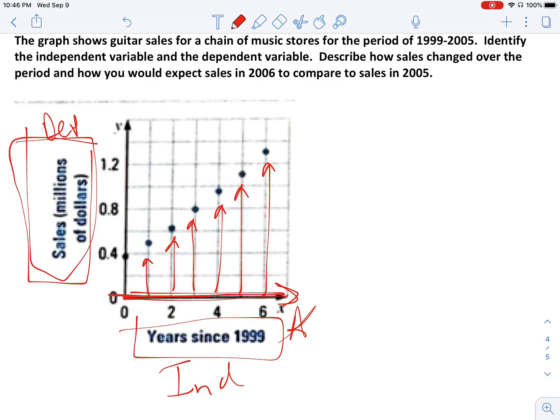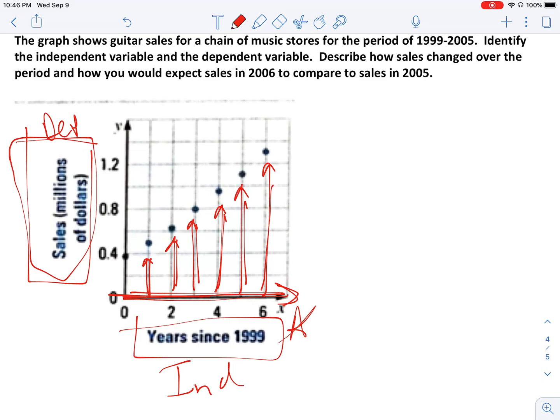All right, that's a good trend. So when I want to describe how sales change over the period, they've increased, right? Every year after '99, they've done better and better in sales. Okay, so that's your answer. Describe how the sales have changed over the period. Well, they've steadily increased.